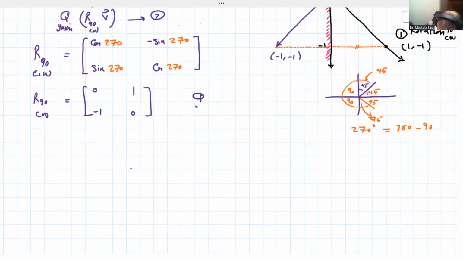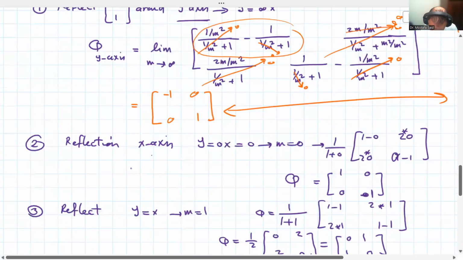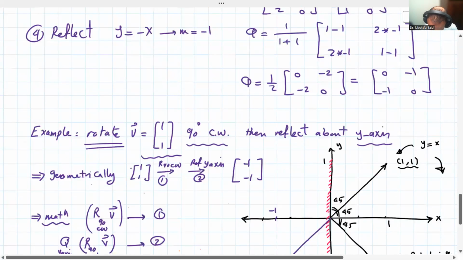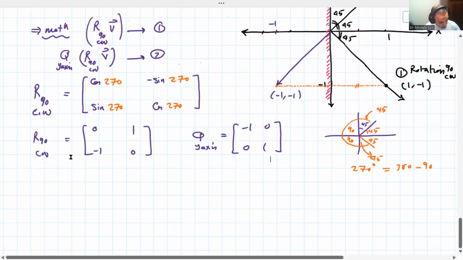So Q for the y-axis is minus 1, 0, 0, 1. Now all we need to do is basically multiply this with the vector.